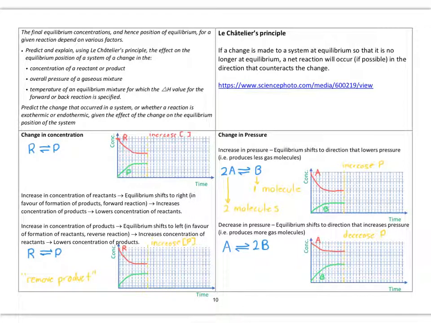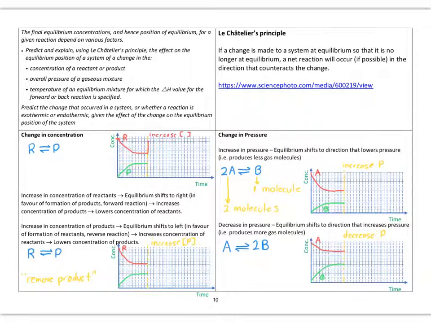So let's say we have a reaction here where we have some reactant going to some product, and we are going to increase the concentration of reactants. What does that look like? We are going to throw, and this is what you might do if you're running a chemical process, some more reactants in.